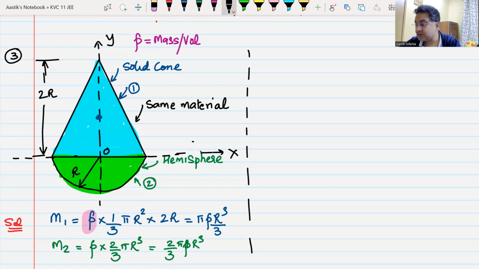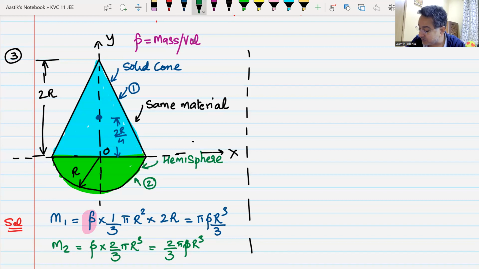Here is the origin. No one remembers? H by 4, total height by 4. So it is 2r, the total height, divided by 4.